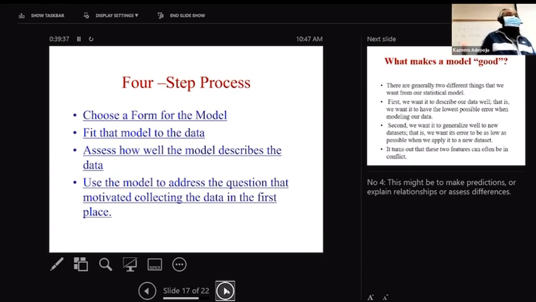When you are fitting a model, when you are choosing a form of a model for your data set, it means you are already guided. You already understand, on average, the relationship and what the functional form of the model is going to be.